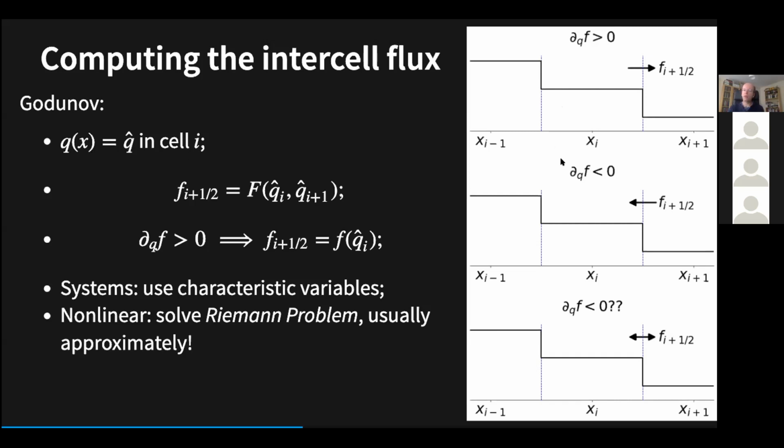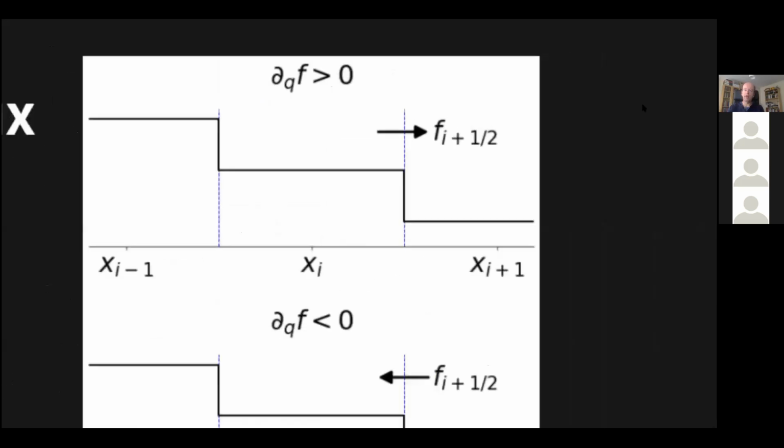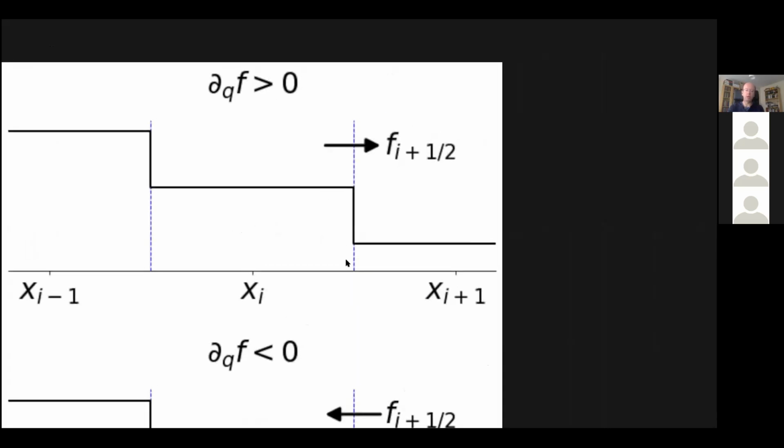Now, at this point, we still can't compute the intercell flux. The reason is, in order to compute the intercell flux, we need to be able to evaluate F as a function of Q at the cell interface. So we need to know Q at the cell interface.